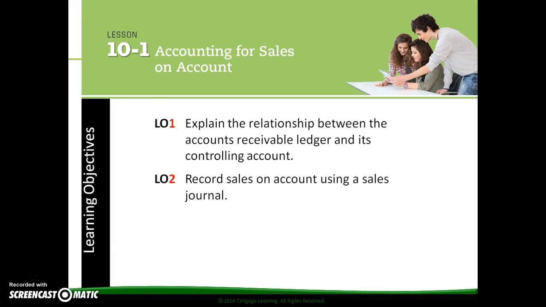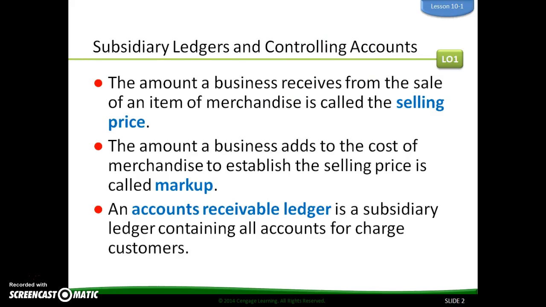So one of the things that we're going to be just thinking through here is that whatever we sell something for, that's the selling price, and whatever we add to what we paid for something to establish our selling price, we're going to call that markup.